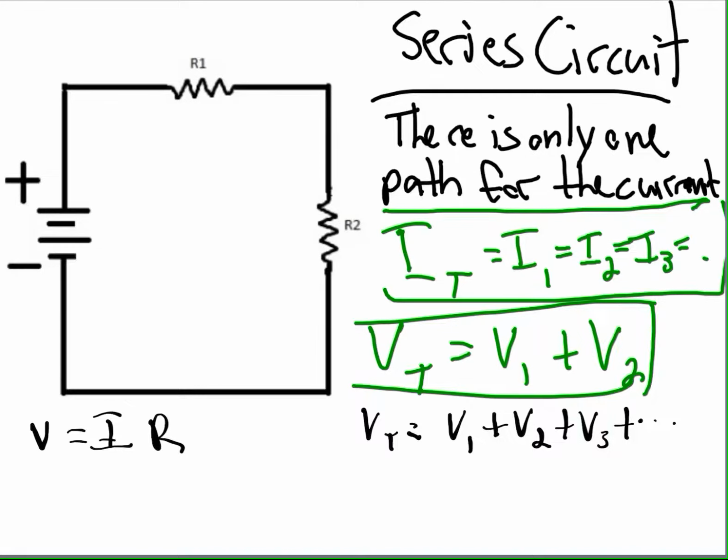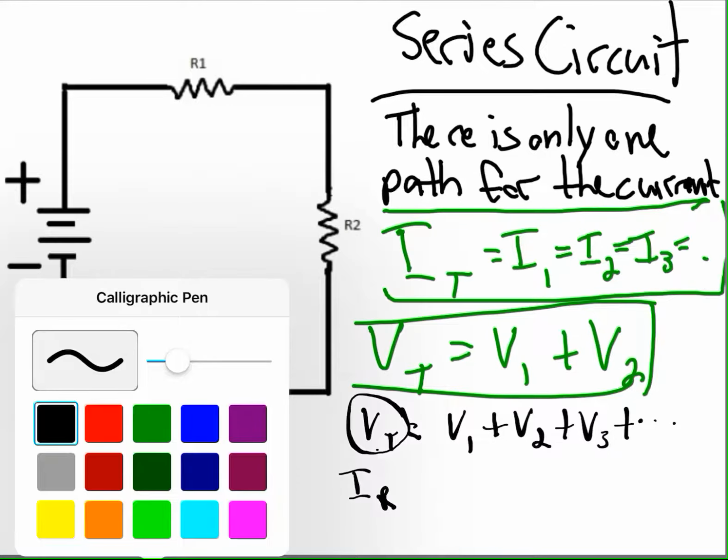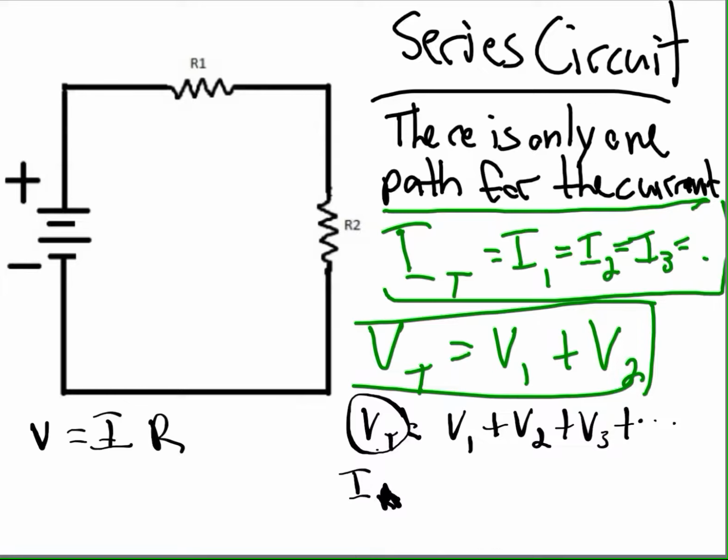Now, that means I can replace each one of these with the appropriate IR. So this would be I total, R total.